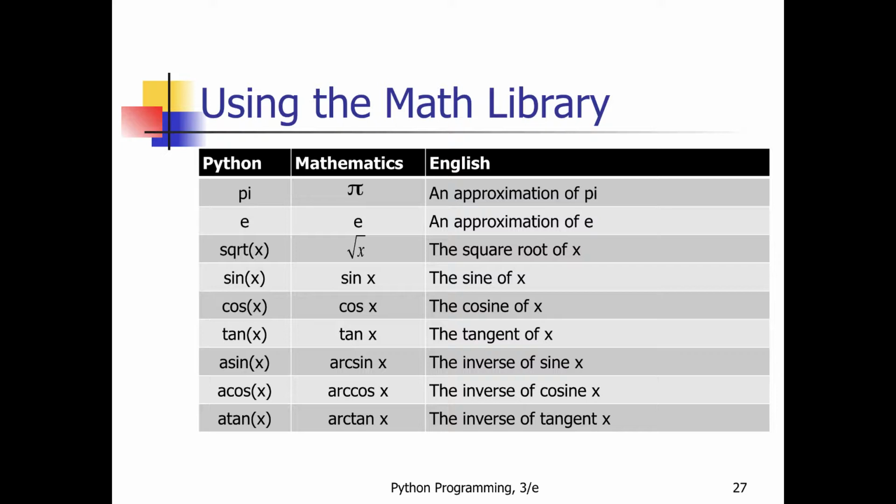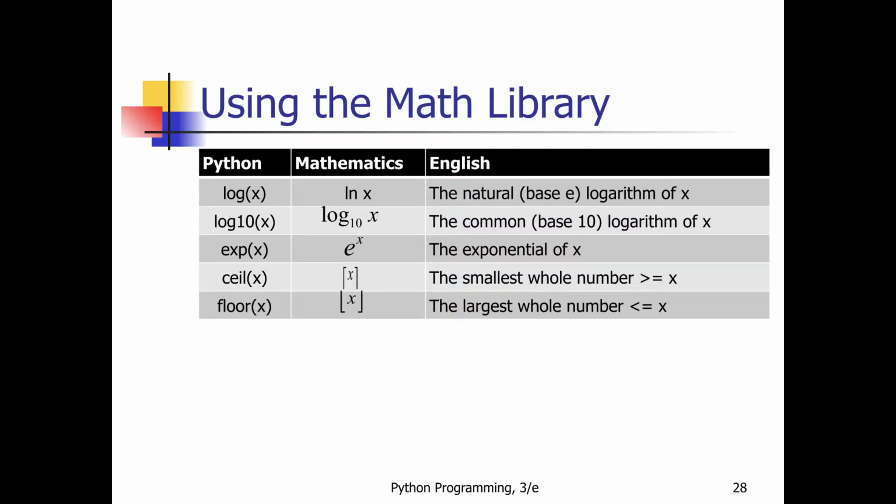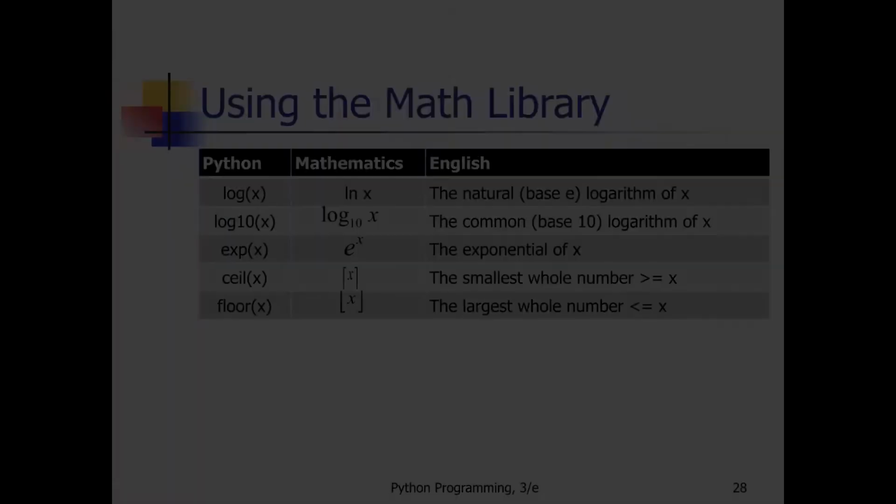Same thing for sine, cosine, tangent, arctangent, log 10, exponent, ceiling, and floor. Okay, I'm not going to go through all these, but I'm going to show you pi, square root, ceil, and floor. Again, you import the library when you need to add additional functionality to your application.